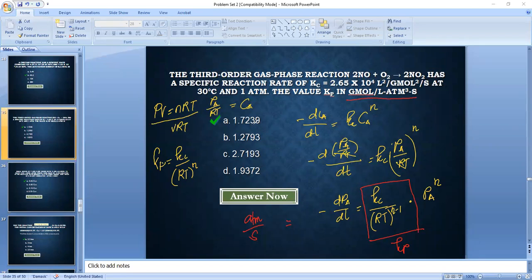Okay, but for this particular problem, this is the answer. The one that was taught to you when you were taking up chemical reaction engineering is this, wherein since it's a gaseous reaction, the rate was expressed in terms of partial pressure per unit time. So this is the formula that was shared to you. This is a different problem. This was taken from a reviewer wherein you have already a specified set of units for KP.